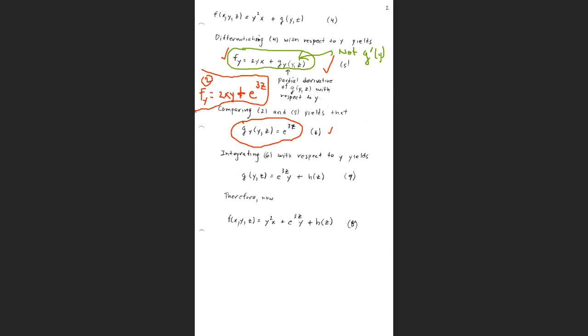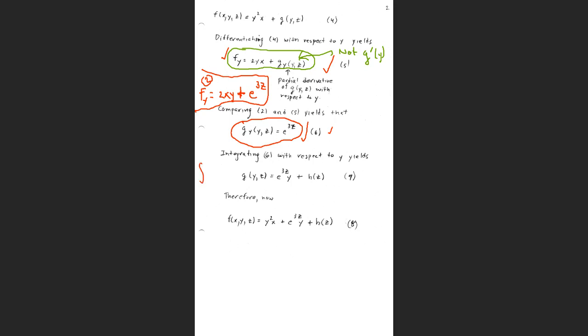Okay, so now this is fine. Now I have my equation 6, but I want to know about g of y, z. So I can take equation 6 and integrate it with respect to y.